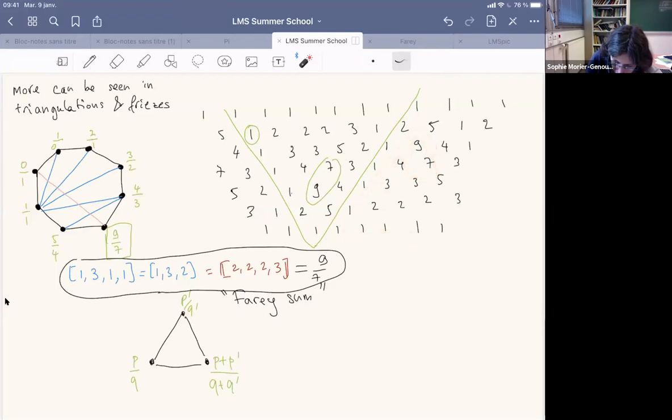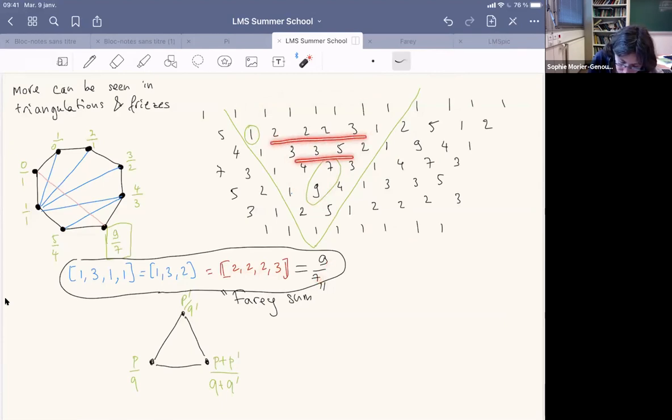That's the same. So the piece that is here starts with 2, 2, 2, 3, 2, 2, 2, 3, which is the expansion of 9/7.